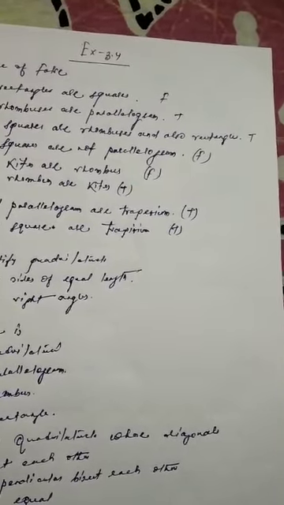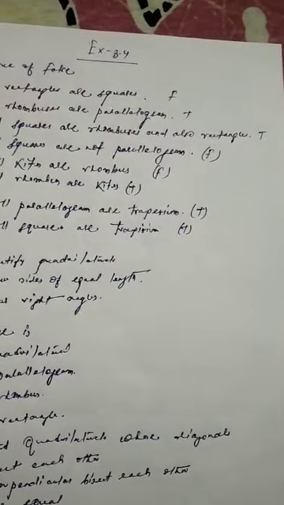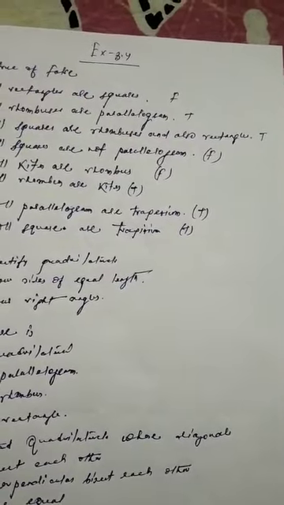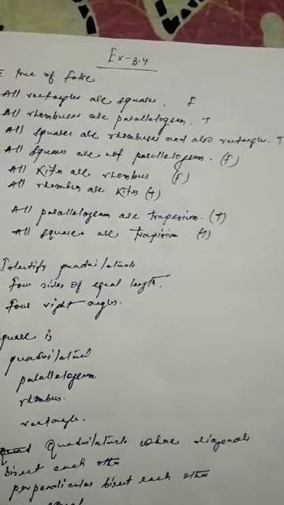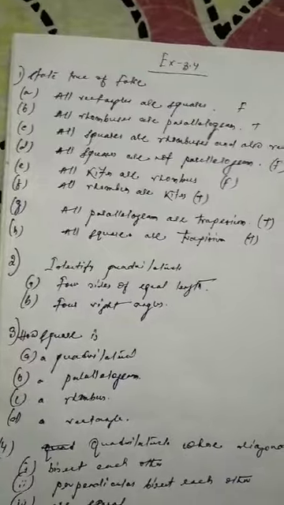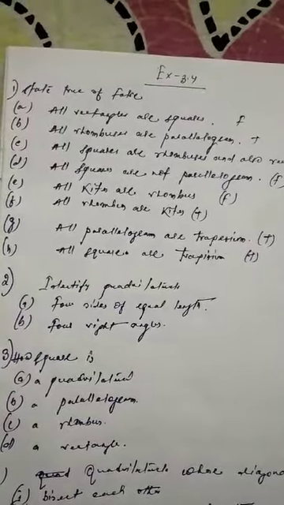I'll be asking for the submission of your entire copy. You will click photos of your entire chapter 3 and submit them on my personal WhatsApp. In this video, we are going to discuss the first question, that of true and false.